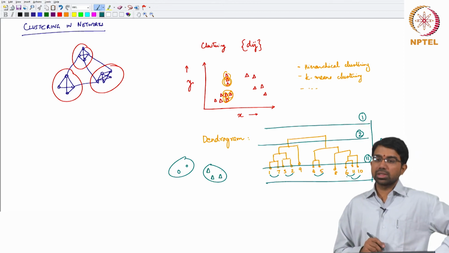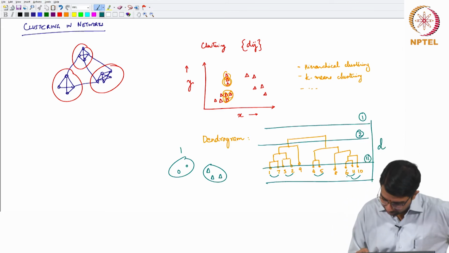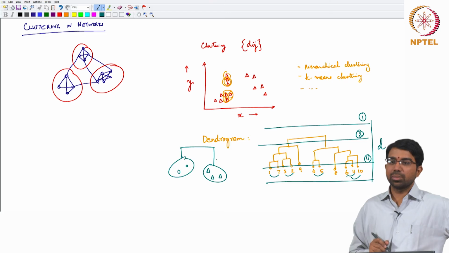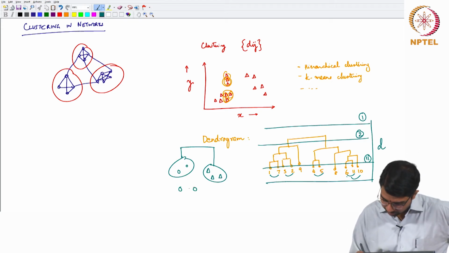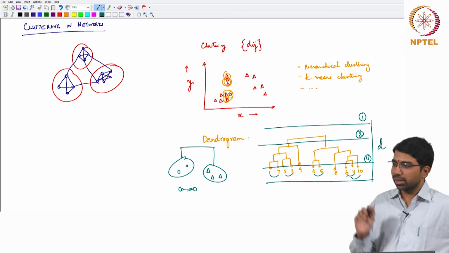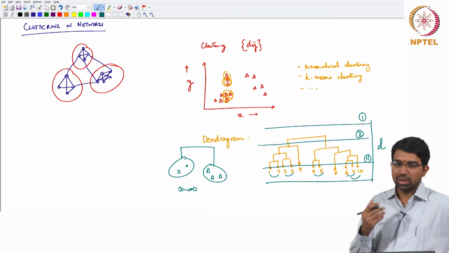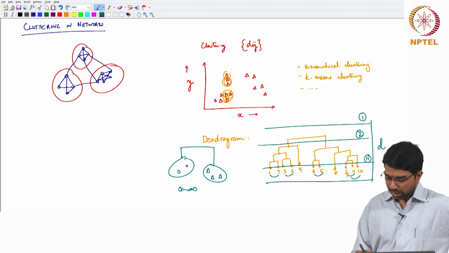How do you compute the distance between these 2 clusters? You want to know whether to hook these up in a dendrogram of this sort. Distance between 2 points, no problem, you will compute some Euclidean distance or Hamming distance, or many different kinds of distances, you could pick one that makes sense. How do you now compute the distance between 2 sets?